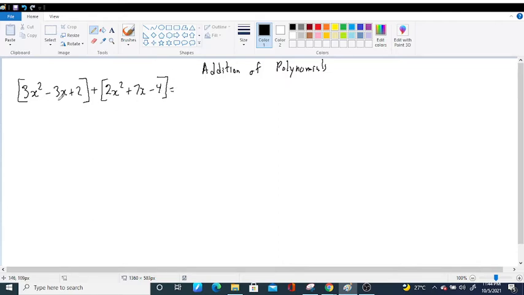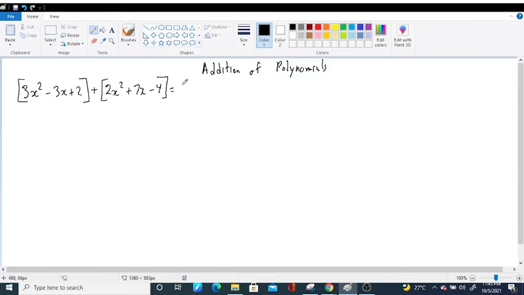Whenever you get two polynomials being added together, the first step you can do is to get rid of the brackets. Remember, if there's a 1 or a 2 in front, multiply it out. Since there's nothing there to multiply out, we are going to group like terms. First, we get rid of the brackets.